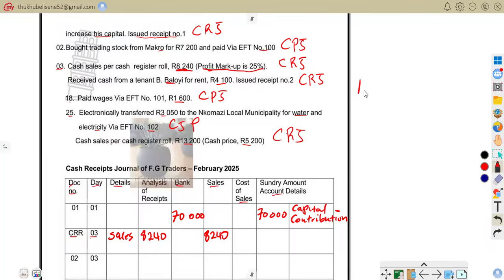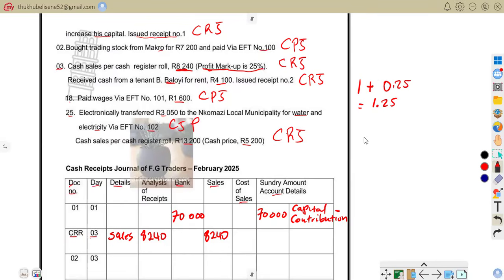This one is representing the original 100% cost price plus now 0.25. So 0.25 that we have is representing the 25% of markup. So this will equal to 1.25.